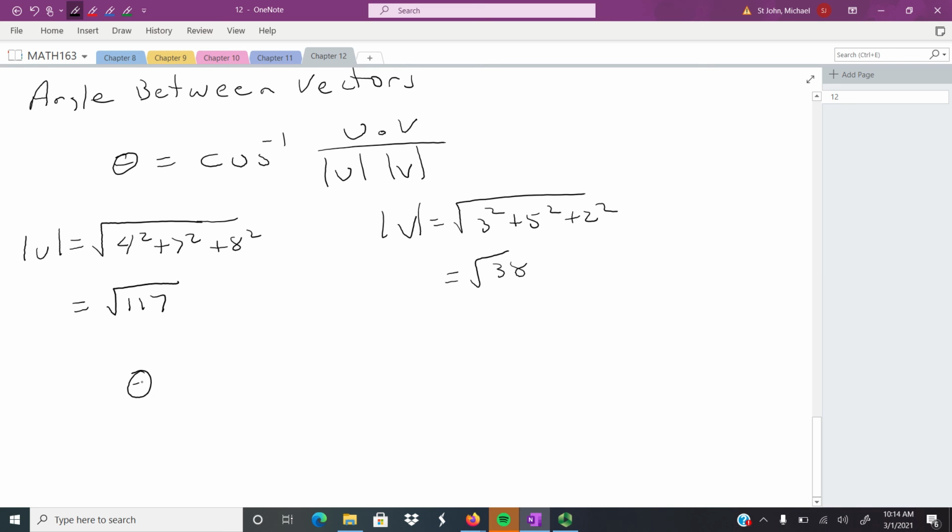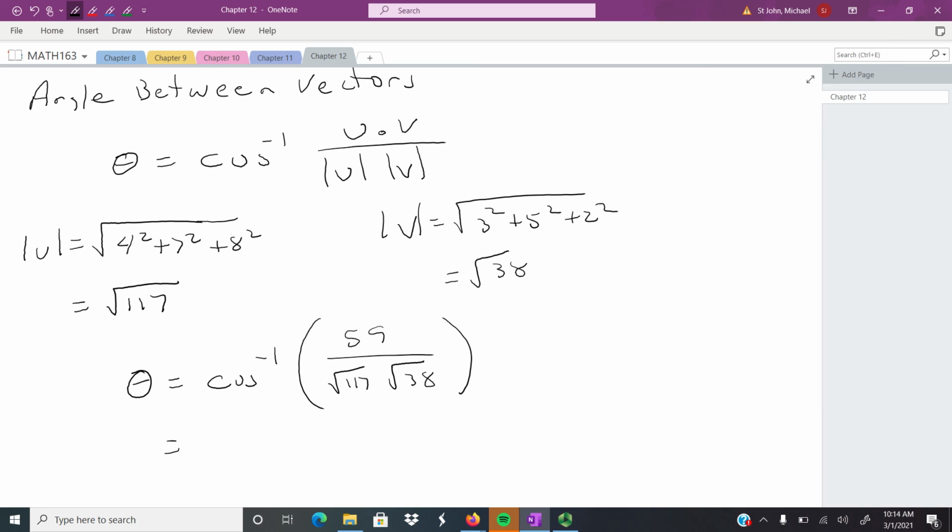And so theta is going to be the inverse cosine of 59 over the square root of 117 times the square root of 38. Okay. And so you could plug that in and get the answer for that.